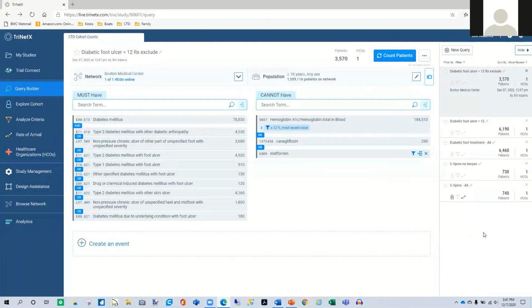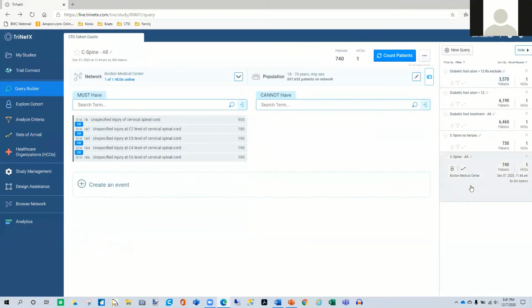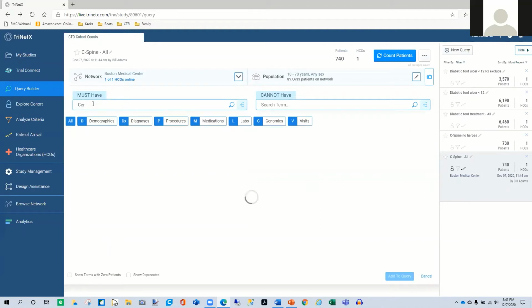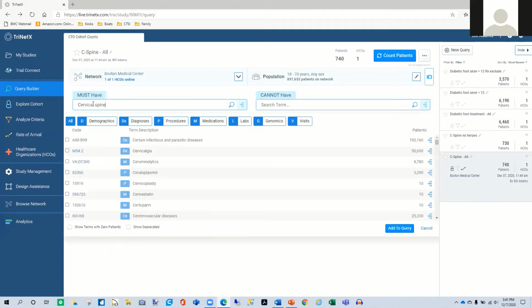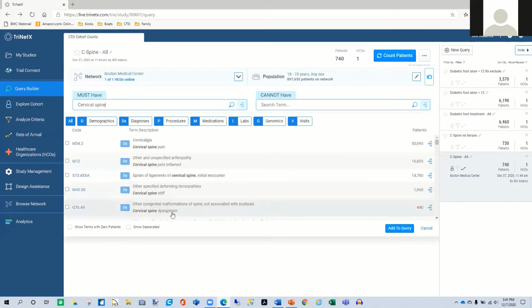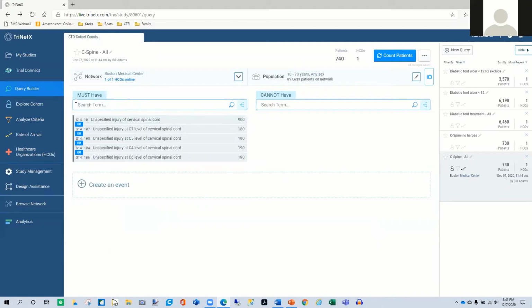And so when I looked at the cervical spine stuff, I actually found this ICD-10 code by Googling it. When I put in cervical spine, this didn't come up, but when I actually put it into Google, I typed ICD-10 cervical spine injury, I got these codes and I was able to dig around a little bit and find them.